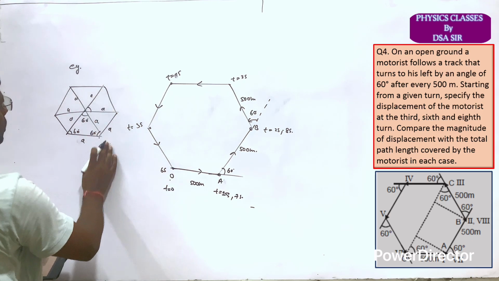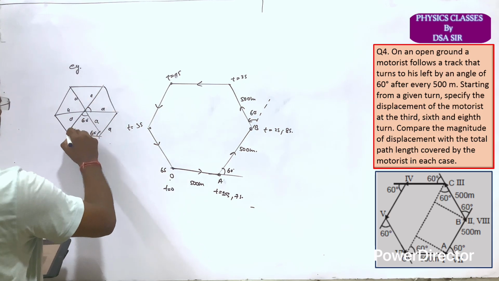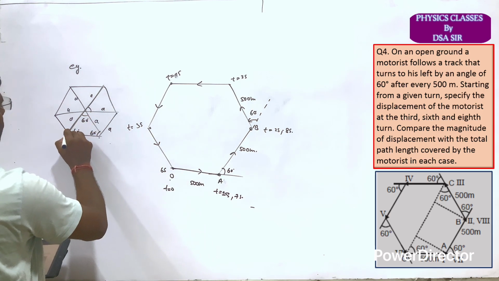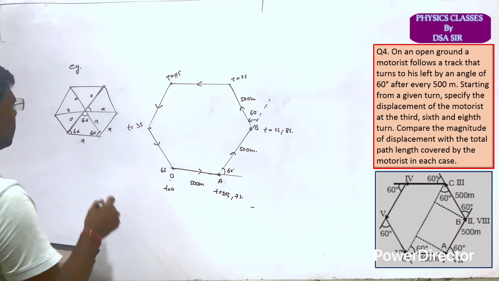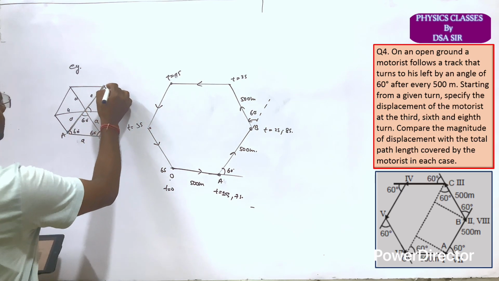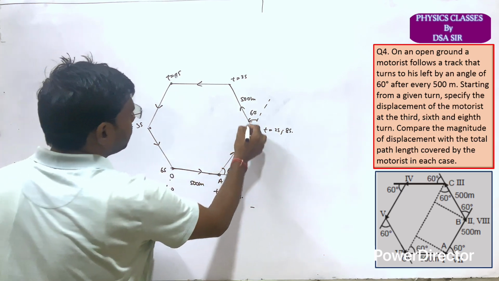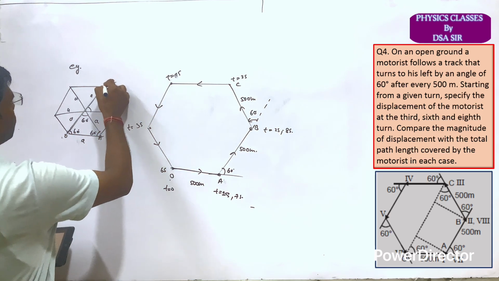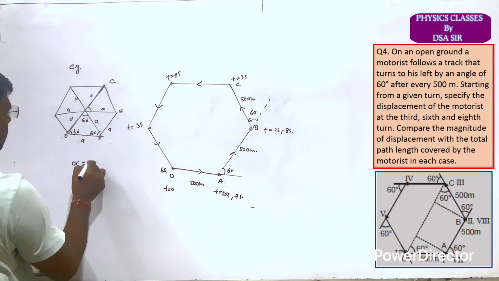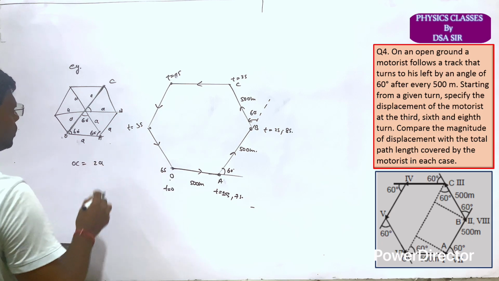This is a, this is a. Now suppose this is the biggest diagonal present in this hexagon. If this is O, A, B, C, the biggest diagonal is OC, which is a plus a, equal to 2a.